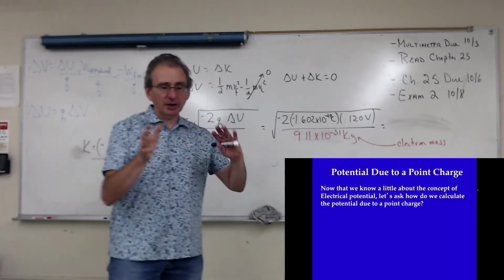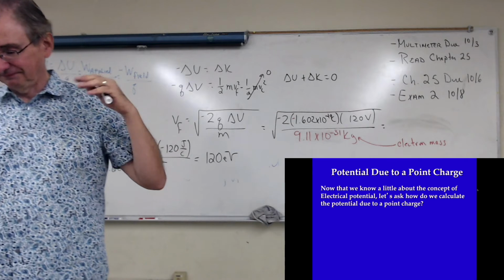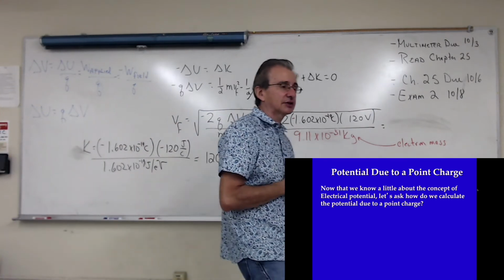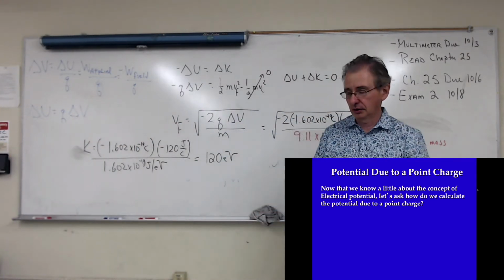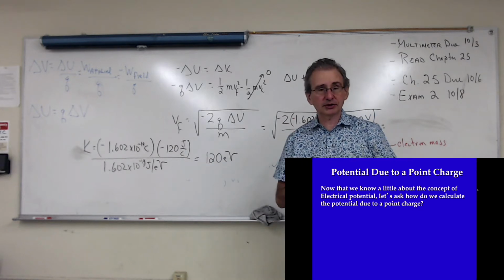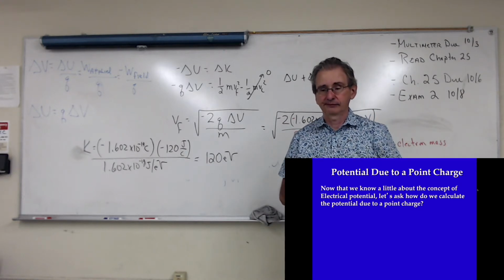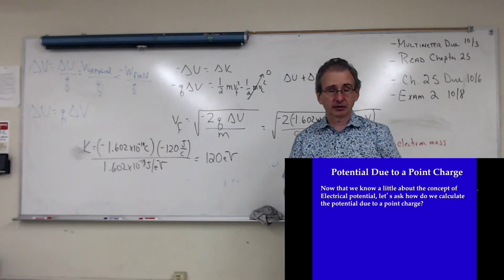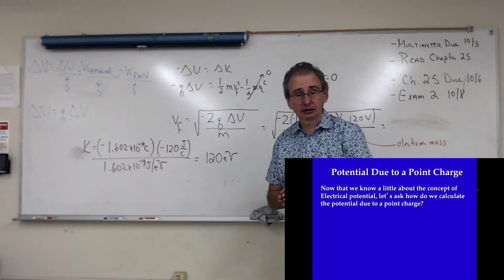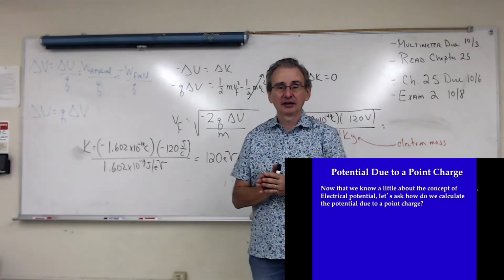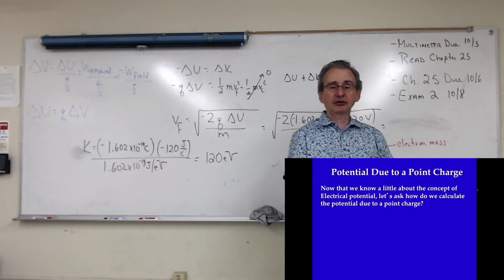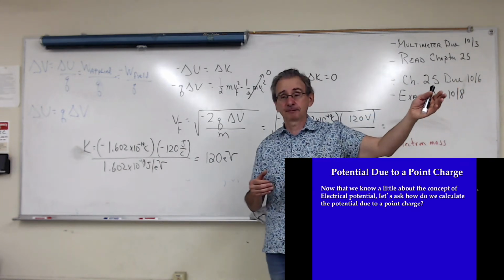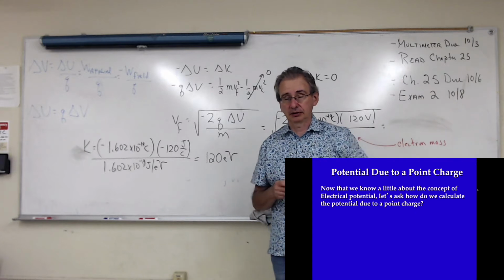So now that we know a little bit about the electric potential, and I know it's abstract, and as you work with this, you'll get more familiar with it. How do we calculate electric potential due to a point charge, or due to a system of charges? So for a while today, we're going to focus on how we calculate the electric potential, just like how we focused on calculating the electric field.